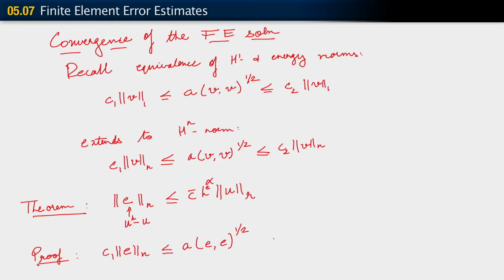Okay, now let's move on. I'm going to reproduce this last statement on the new slide here. C1 times the n norm of the finite element error is less than or equal to the energy norm of the error.